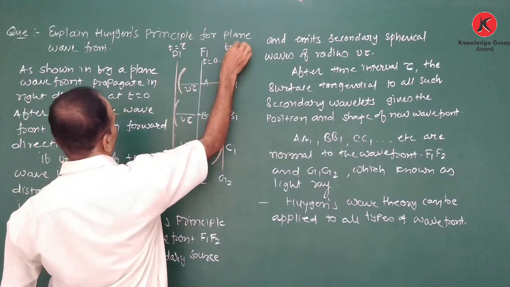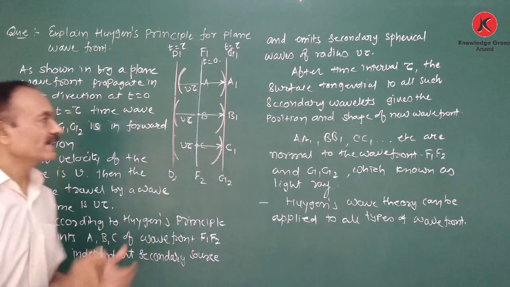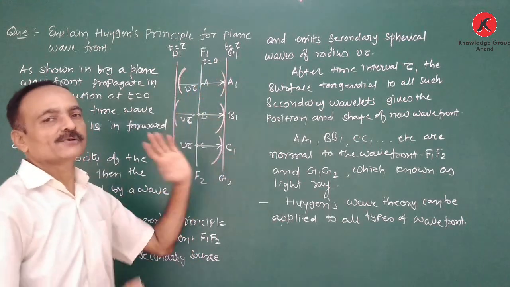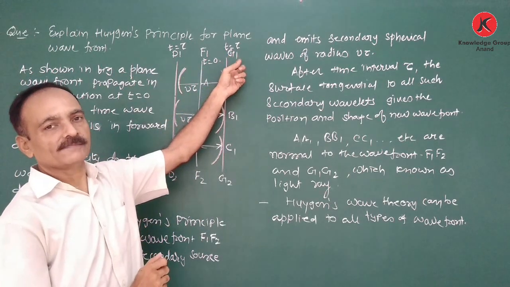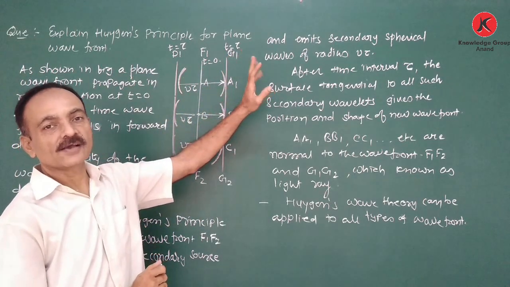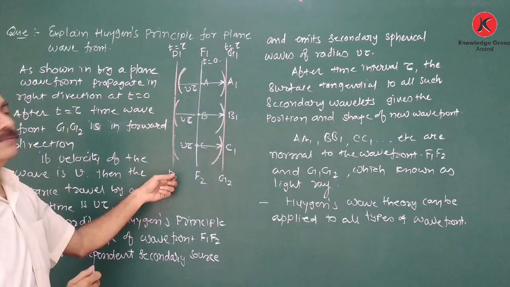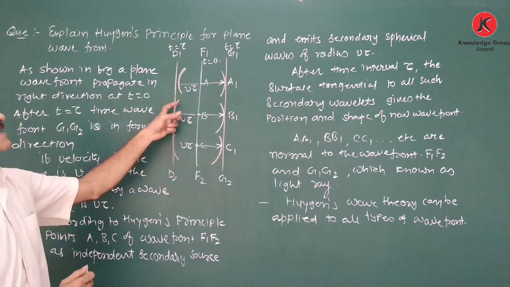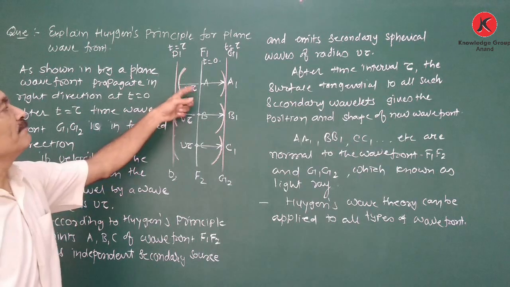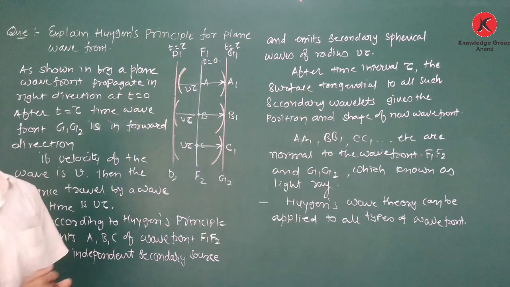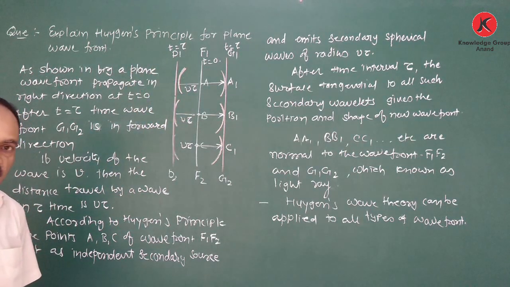In the figure, G1, G2 is the new wavefront at t equal to tau in the forward direction, while D1, D2 is another wavefront in the back direction at the same time.